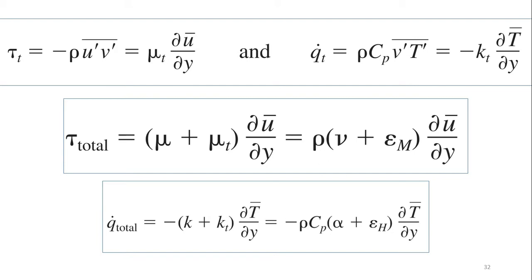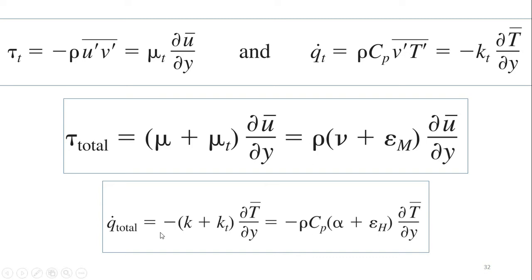The total wall shear stress can be expressed by this expression, with the viscosity and the viscosity in the turbulent region. If we take the density common from these terms, it becomes the viscosity over density, which is called the kinematic viscosity, and epsilon m, which is mu t divided by the density, is called the momentum diffusivity.